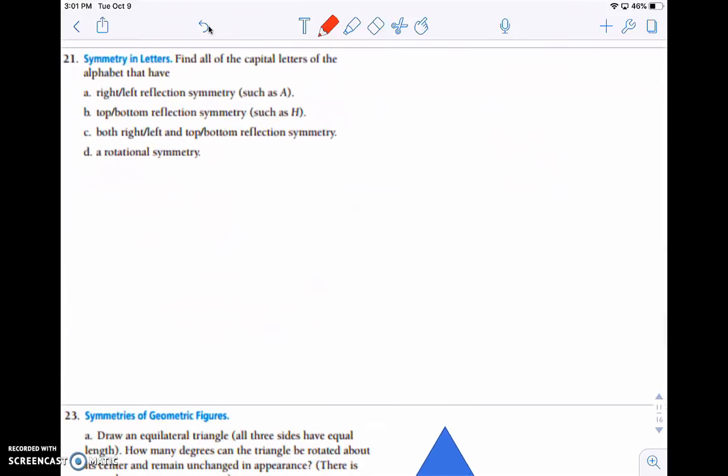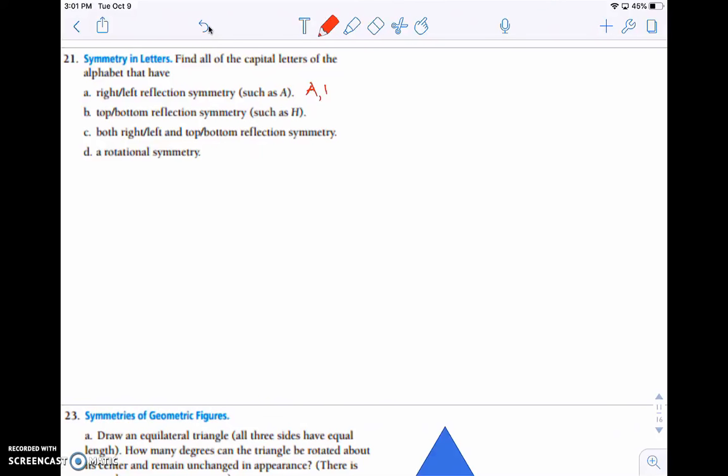So if we look at this, find all the capital letters of the alphabet that have the following: right to left symmetry, such as A. That was where you could cut it down the middle and imagine flipping it right to left. You probably want to get your alphabet in front of you and just go through and look.